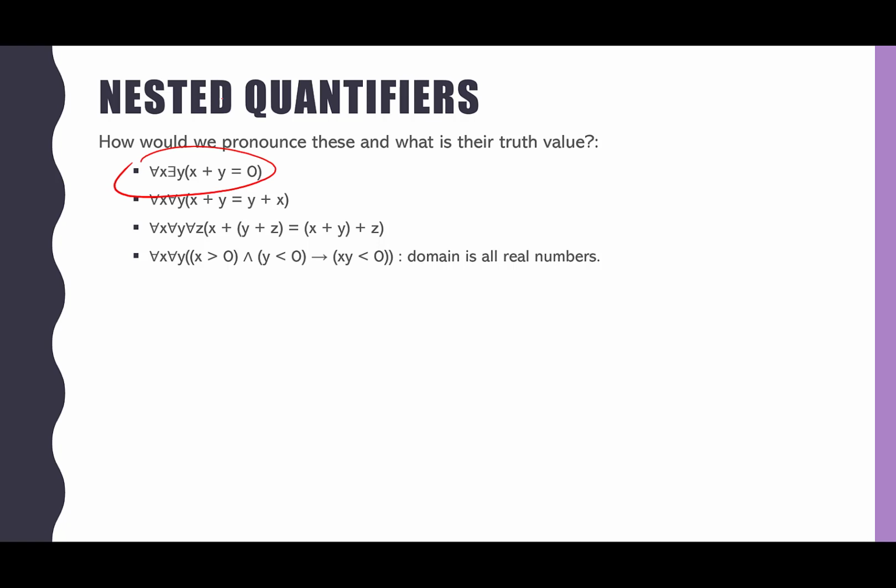How would you pronounce that mathematically? For all x in the domain of x, there exists some y in the domain of y, such that x plus y will equal 0. Okay, that's what that's claiming. Whether that's true or not, hard to know. We'll talk about that in a minute.